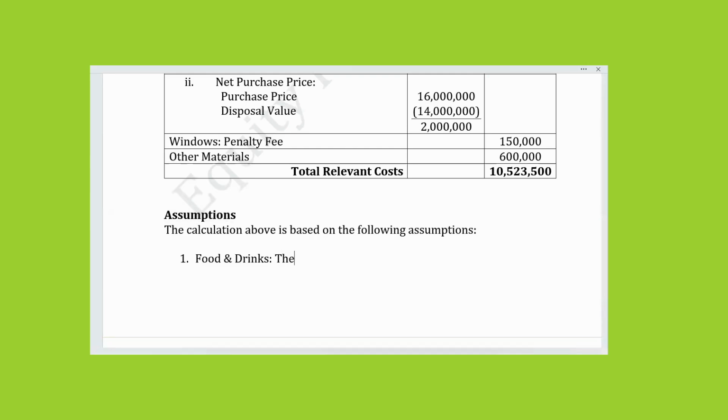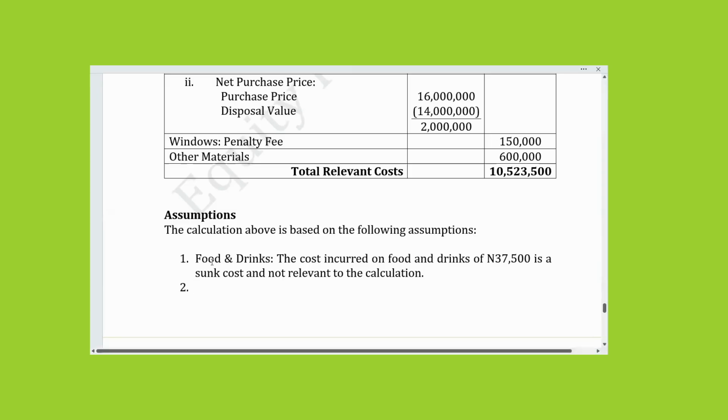So you can then say the cost incurred on food and drinks of 37,500 naira is a sunk cost and not relevant to the calculation. That's all.